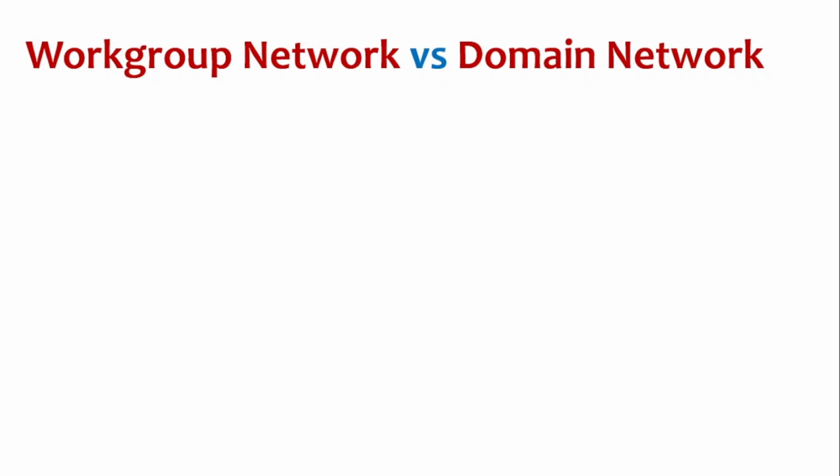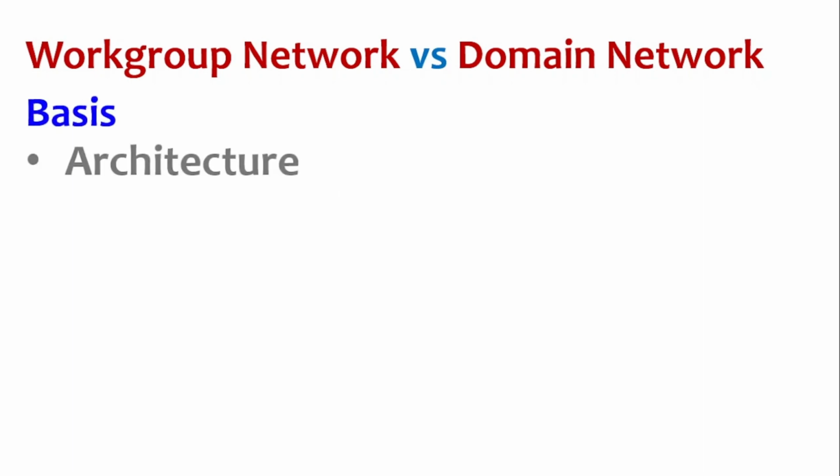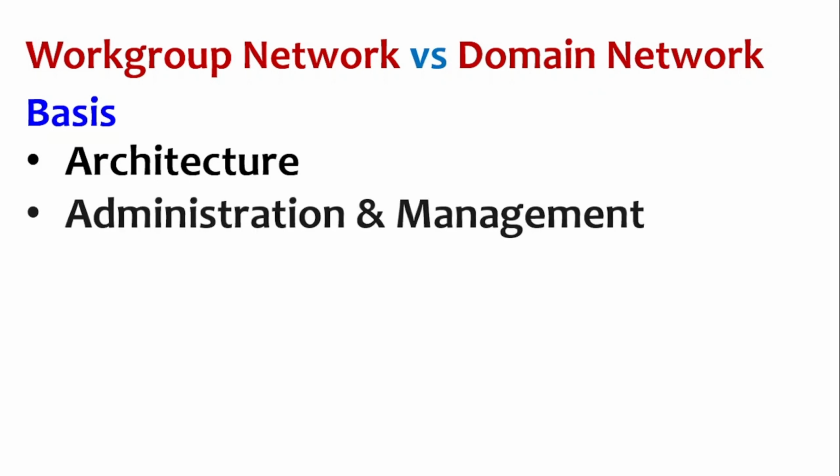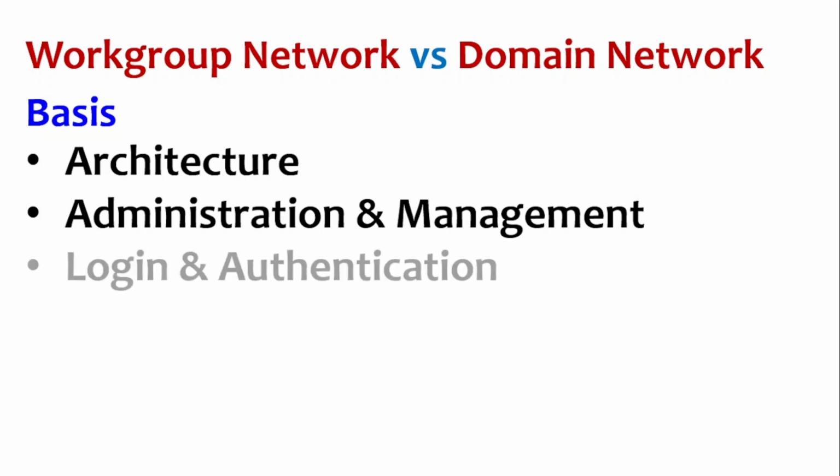So let us now differentiate between a workgroup network and a domain network, and the basis of our differentiation would be the architecture. So we'll see how the architecture of a workgroup network and of a domain network looks. Administration and management: how we system administrators manage and administer workgroup networks and domain networks.